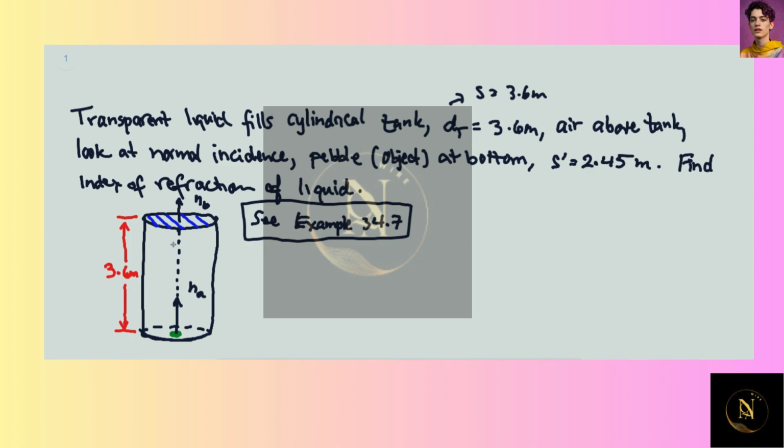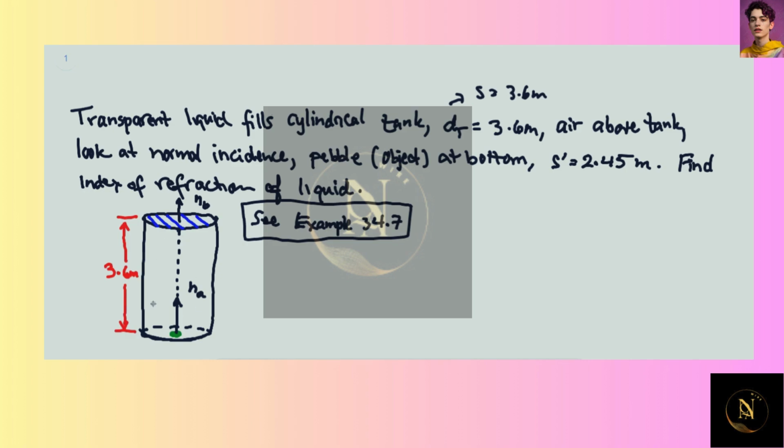If you look at that problem, you see that the image forms somewhere, well, clearly from here. Let's use this because we have some numbers to compare. S is 3.6 meters and S prime is less. So the pebble appears higher than it actually is to your eye when you're looking into the water. So the image is formed on the incoming side of the light.